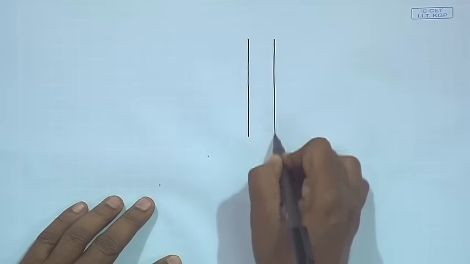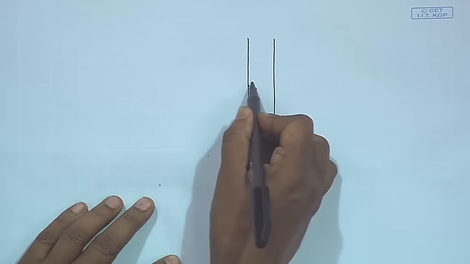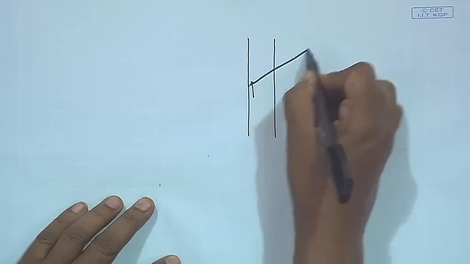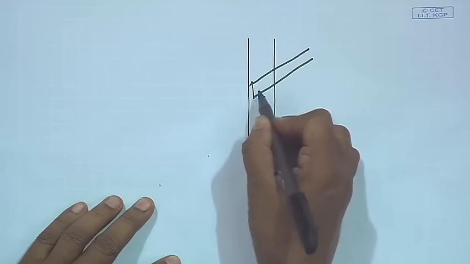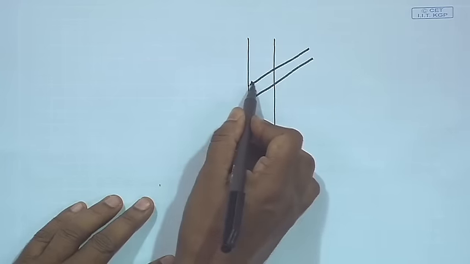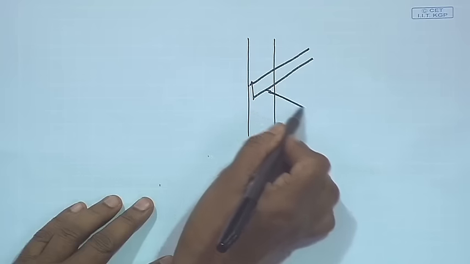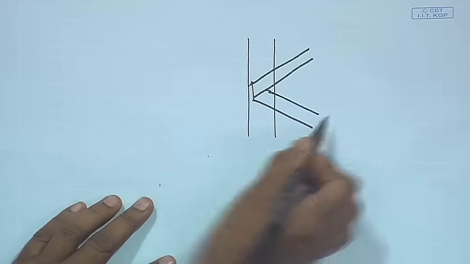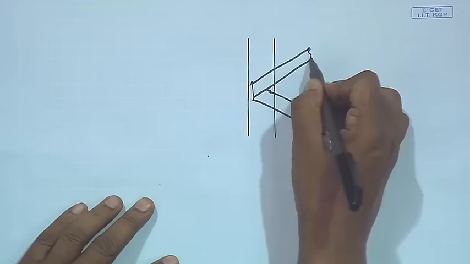Say for example, this is the main member and we have a lacing here and another lacing is like this, right.